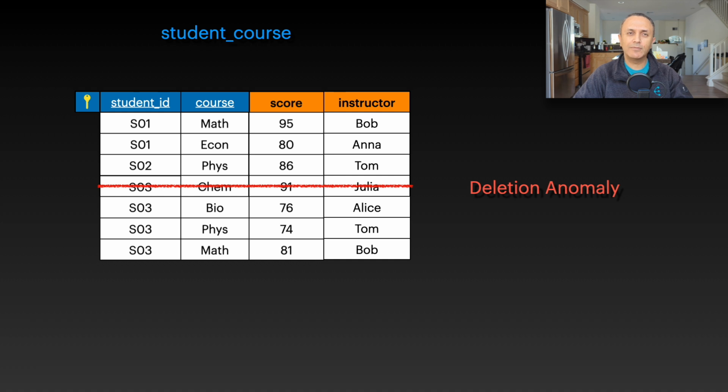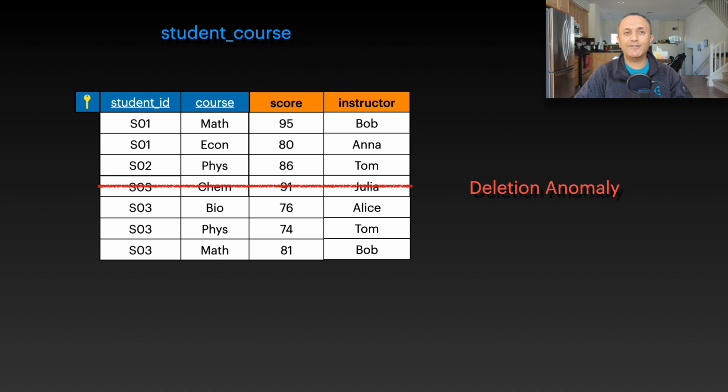So that's a problem. Another problem is, let's say we want to change the instructor of the math course to John instead of Bob. Technically, we would have to go over this table and change all the occurrences of Bob where they teach math to John.